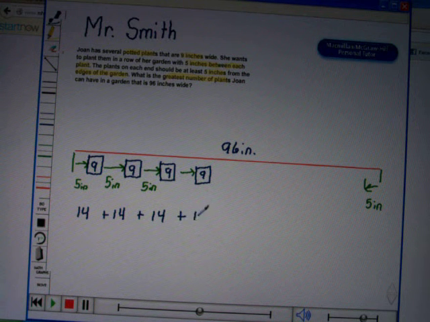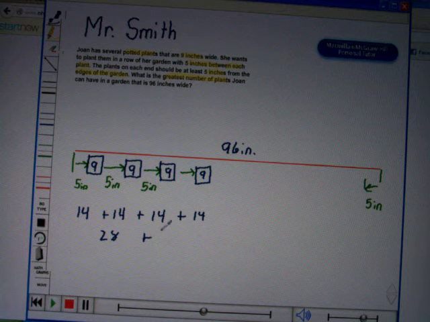So before I get too ahead of myself, let's see exactly how much space we have taken up. 14 plus 14 is 28, plus 2 more 14s. 14 plus 14 is 28. So far I've taken up 56 inches.